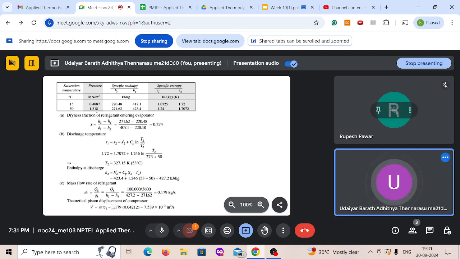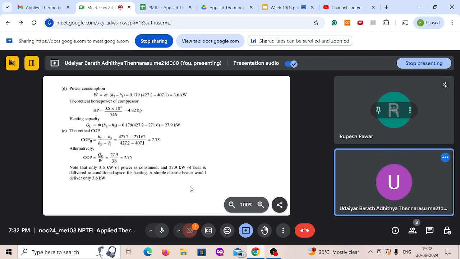And similarly the theoretical piston displacement volume is mass into specific volume, which will give you 7.539 into 10 power minus 3 meter cube per second. Just similarly you have to find out work done and heating capacity. Work done is H2 minus H1, which is 3.6 kilowatt, and heating capacity, because it is a heat pump, you have to consider the condenser, that is your desired output.